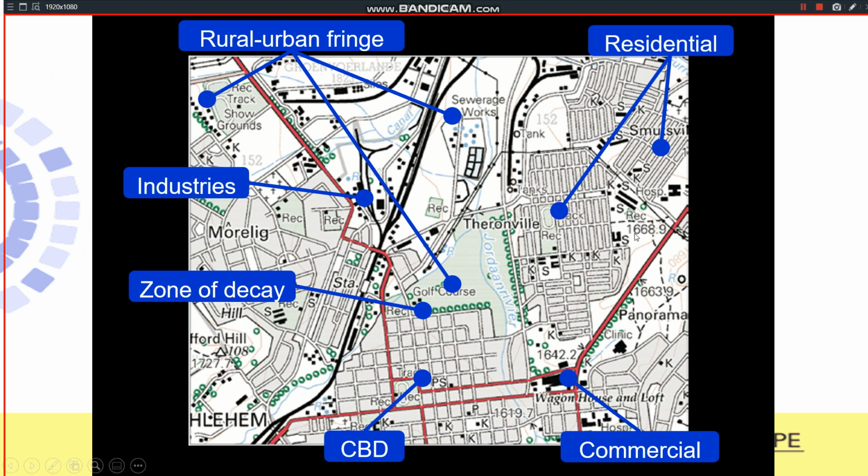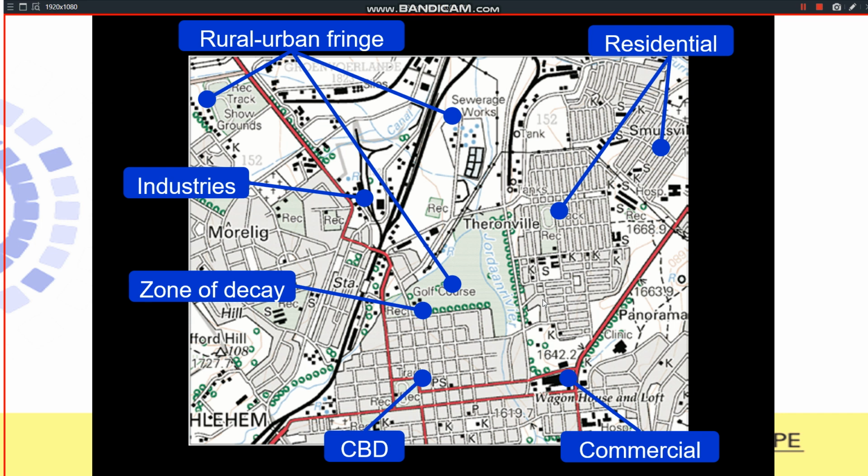If you look on a topographical map, right, you can again see I've highlighted how you can look at the rural-urban fringe, right? The residential functions, industrial, the zone of decay, the CBD, the commercial hub. So in other words, this topographical map is collectively telling you what all the land use zones are, and you are able to identify them on a topographical map.